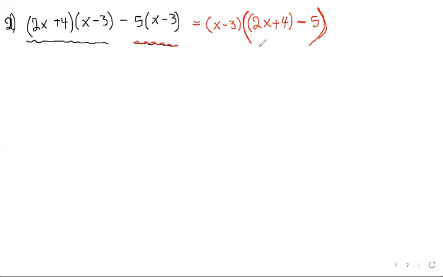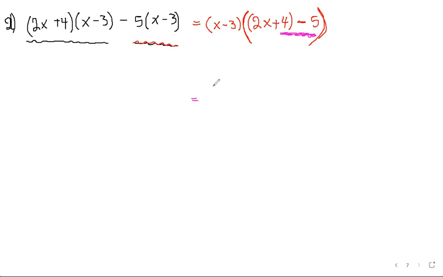Now, inside the parentheses here, I can simplify it such that I have 2x plus 4 minus 5. So I have two numbers. I can do some calculation.